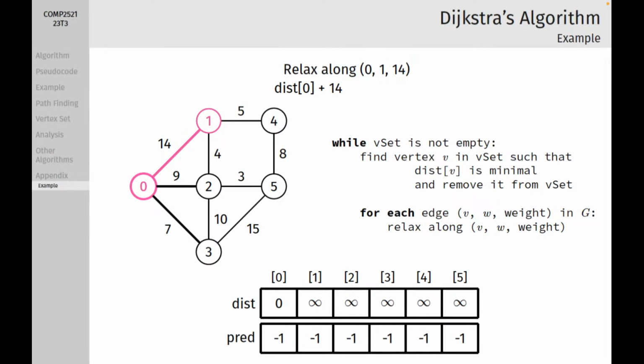Well, the cost is going to be the distance to 0, which is 0, plus 14, the weight of the edge. So the cost of this new path is going to be 14. And since 14 is smaller than the currently known distance to 1, which is infinity, we update our array. So we update the distance to 14, and we update the predecessor of 1 to 0, okay?